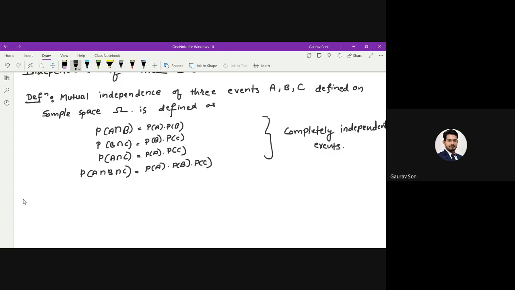And the other definition is pairwise independence.